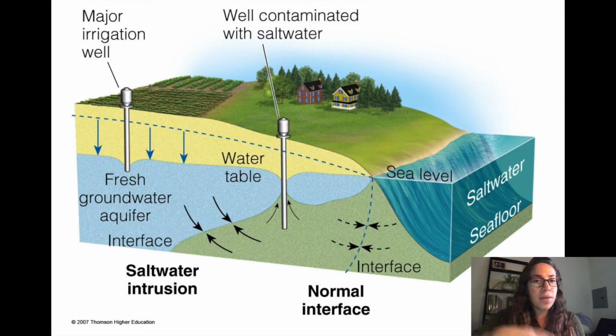But because of the amount of draw that's going on in those locations, we're seeing saltwater intrusion from the nearby oceans. And basically, once you have salt water enter into your zone of saturation, this well has to be capped and not used again because it's been contaminated with salt water. And so that's a major issue associated with coastal aquifer access.